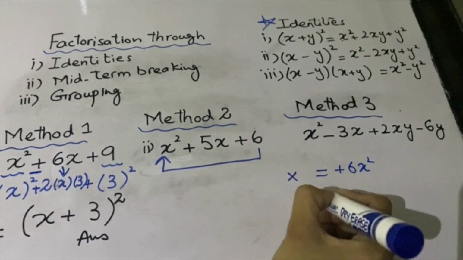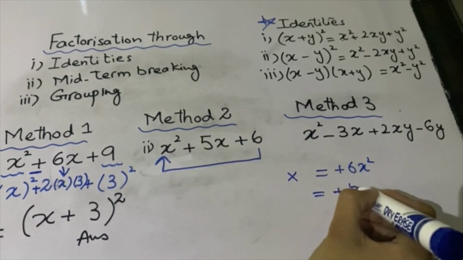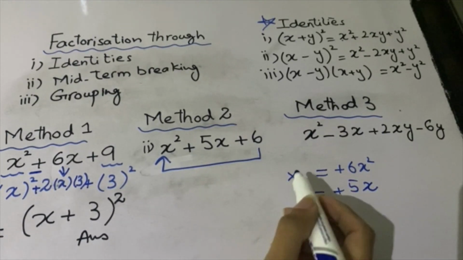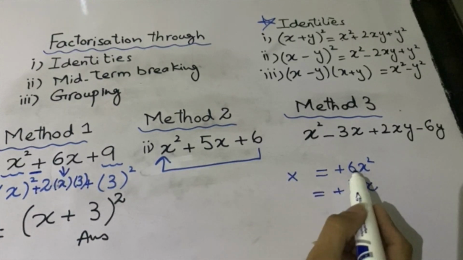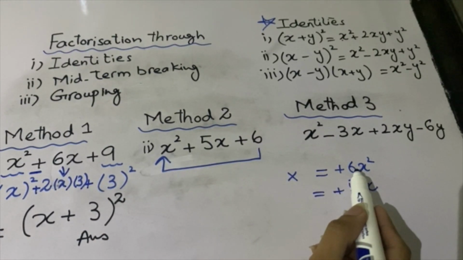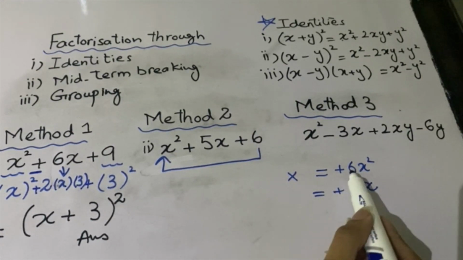So by multiplying you get plus 6x square, and in the middle you have plus 5x. Now I need 2 numbers which, when multiplied, you will get 6x square, and when added, you will get 5x.